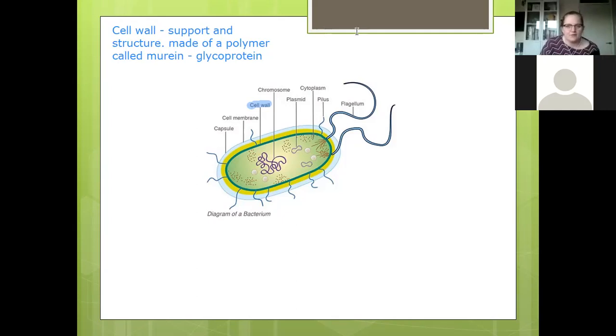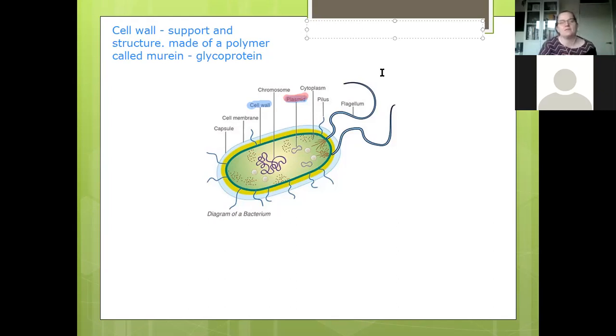And then what we're going to look at now is plasmids. Where's my plasmids? Here we go. So what plasmids are: we've said prokaryotes don't have a true nucleus. Instead, they have these things called plasmids, and plasmids are small loops of DNA that aren't part of the main circular DNA molecule.